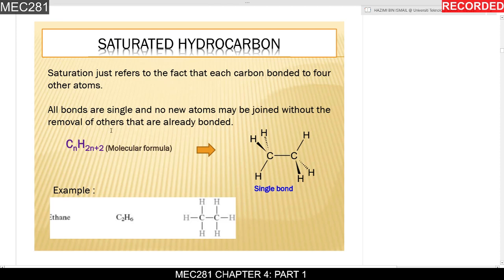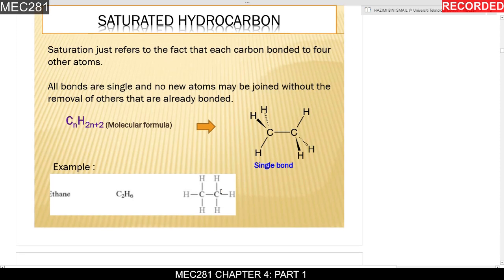So saturated means that all the carbons are already bonded to 4 other atoms, so there is no possibility of new atoms joining them without replacing an existing atom.